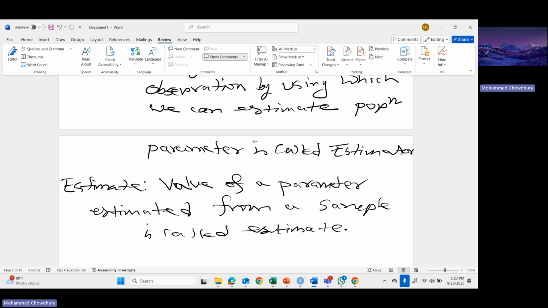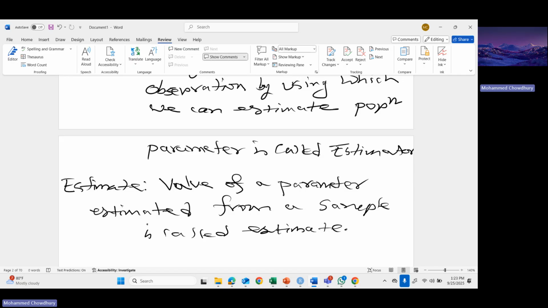So she took a sample, she estimated the average amount of money spent for lunch by a USM student. So this is her estimate. But the same estimator you are using. So your one is an estimate, her one is an estimate, my one is an estimate. And together all of this is called the estimator, which is general.